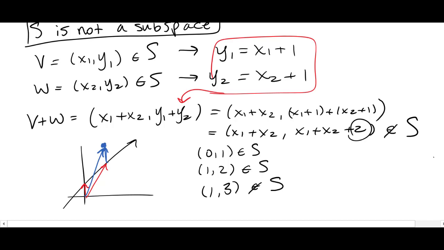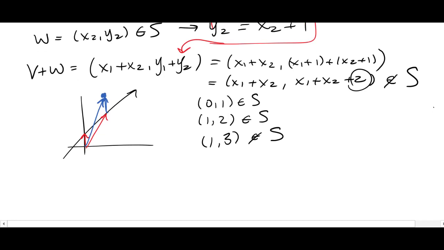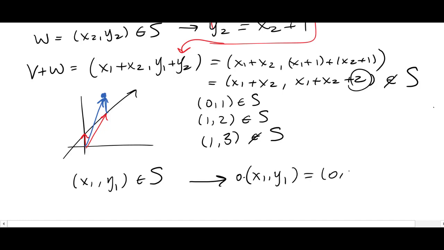Another way to check it would be via scalar multiplication. If I have any vector in S, I need to be able to multiply by any scalar I want and have it still be in S. So I need to be able to multiply by the number 0 and have that vector still be in S. So I need to take 0 and multiply it by x1, y1, which is just 0, 0.